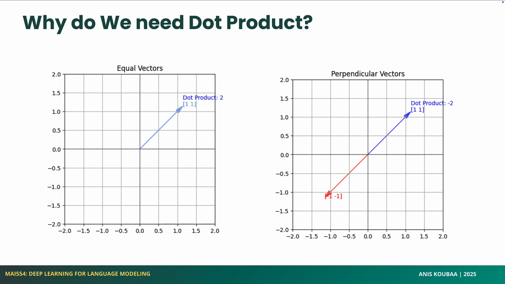Because now I have a tool in linear algebra that will allow me to measure this similarity, which is the dot product. Right? So the question now is, what are the techniques that we can use, whether based on training or other things, that will allow me to make a vector representation of a vocabulary, of a corpus, in a way to be able to capture the semantic relationship between the words? We will introduce it. But now we know that there is a tool, the dot product, that will allow us to do that.